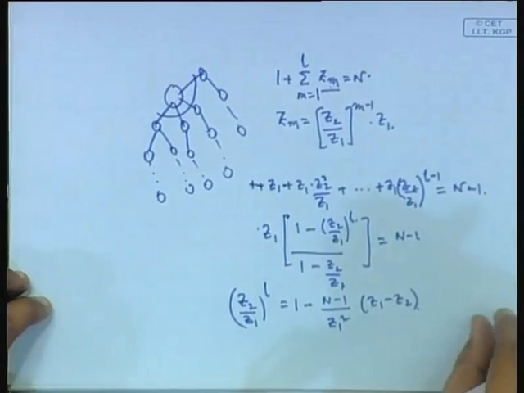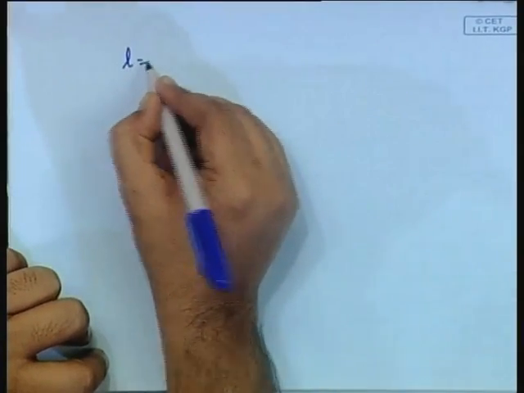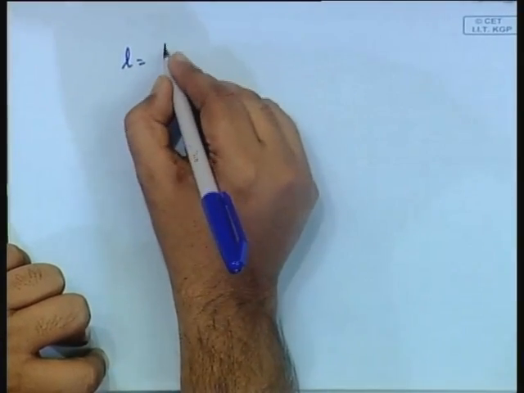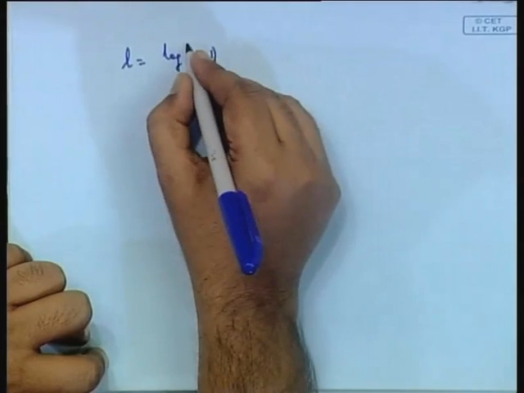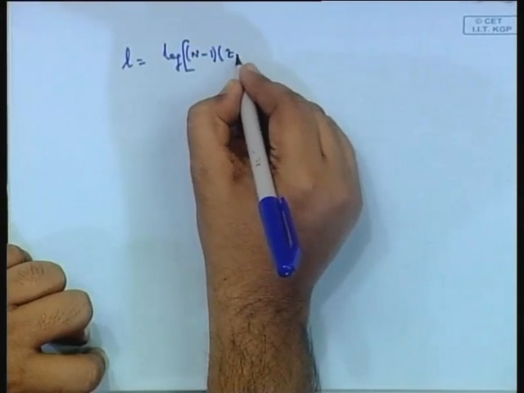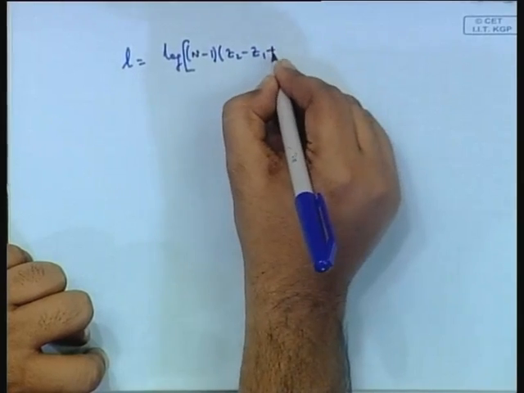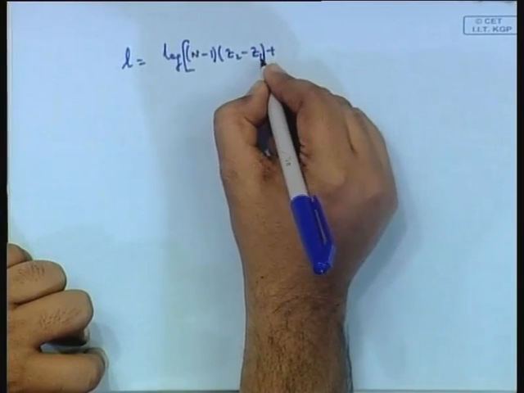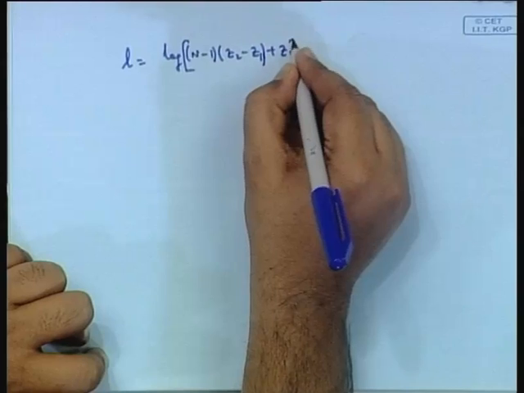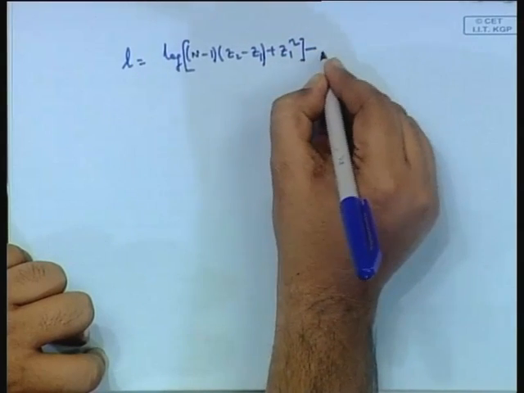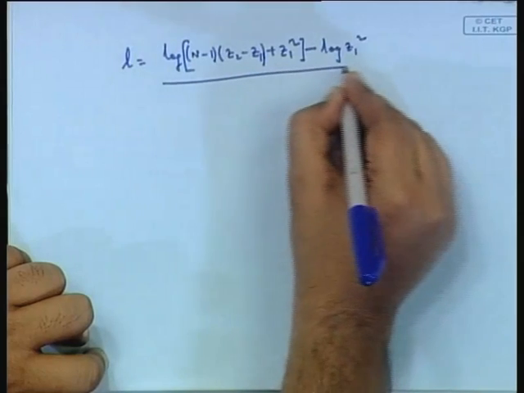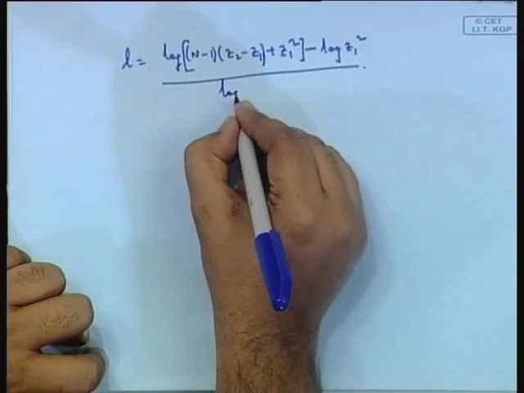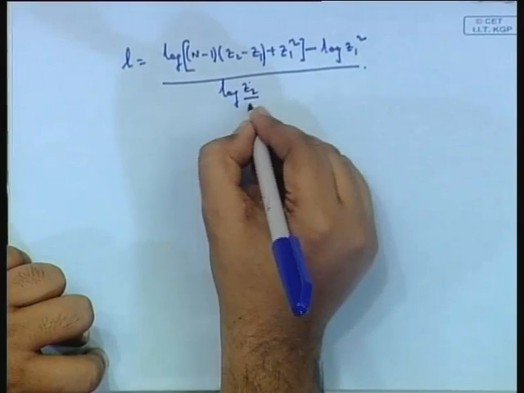And accordingly, you find that L is, I am just writing the big equation, but you need not worry about this, log of (Z2 minus Z1 plus Z1 square) minus log Z1 square, by log Z2 by Z1.